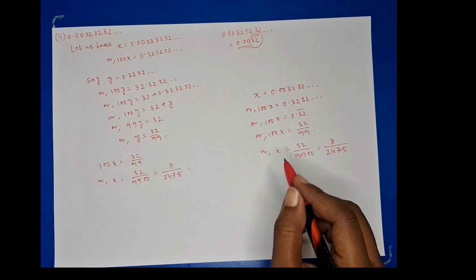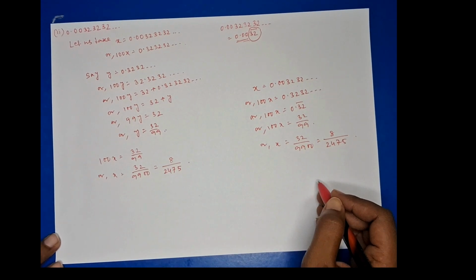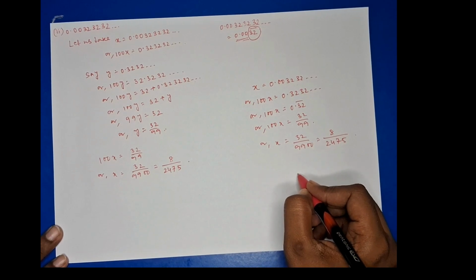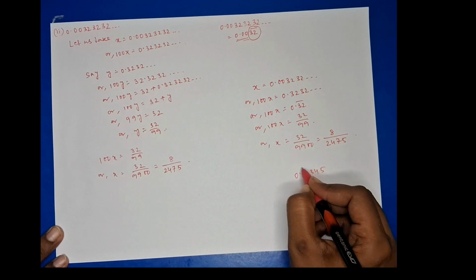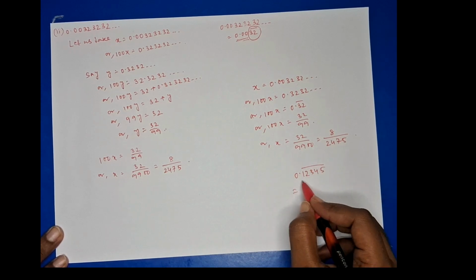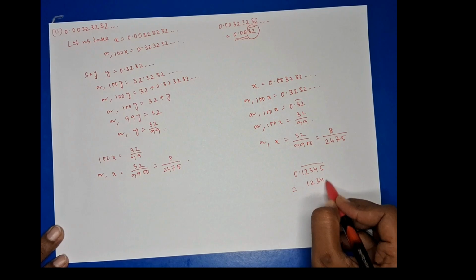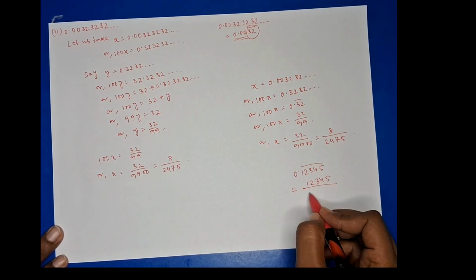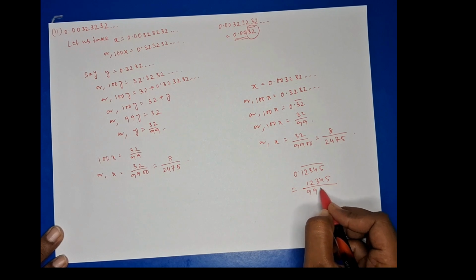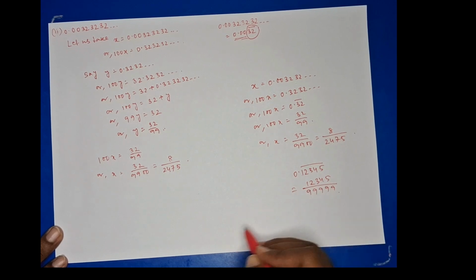For any number we can do it like that. Suppose it is 0.12345 bar, then this is equal to 12345 by how many digits are there? 1 2 3 4 5. Five digits means five 9s, 1 2 3 4 5.